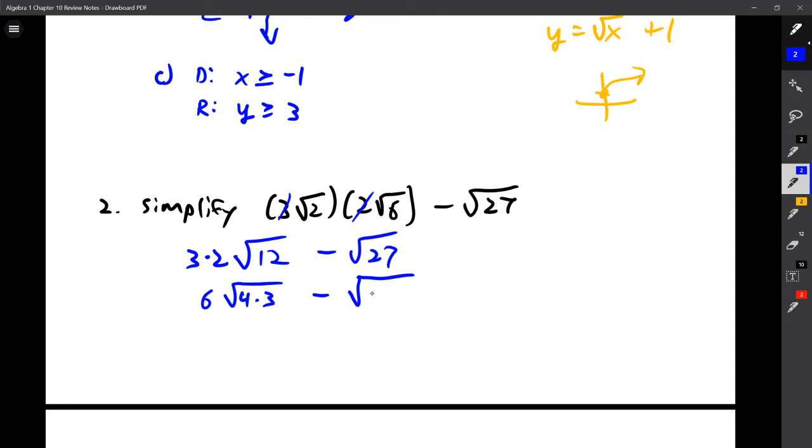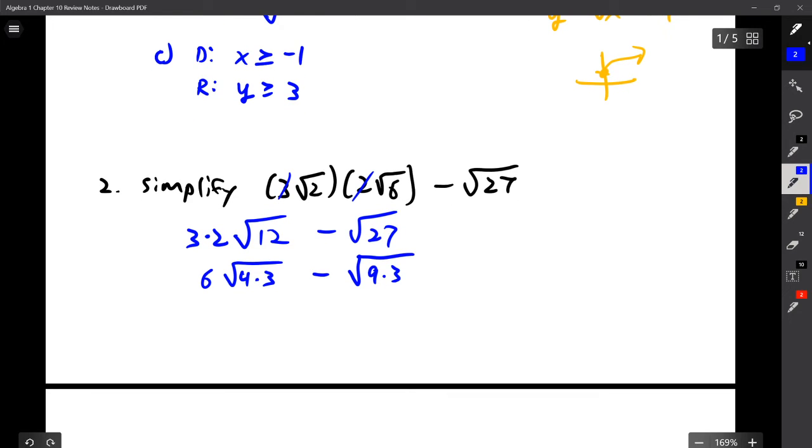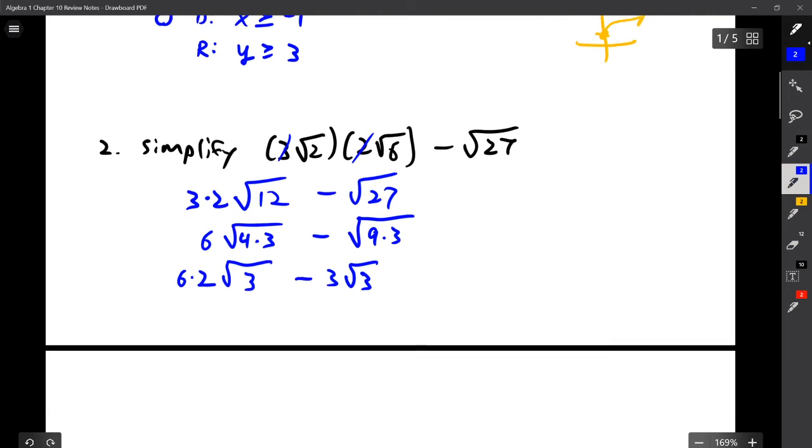Well, 27 is 9 times 3. And 9 is 3 squared. So this could become 6 times 2, because my 4 inside became a 2 outside, because the square root of 4 is 2. And I have this root 3 hanging out, minus, well, the square root of 9 is 3, and I still have this root 3 trapped inside.